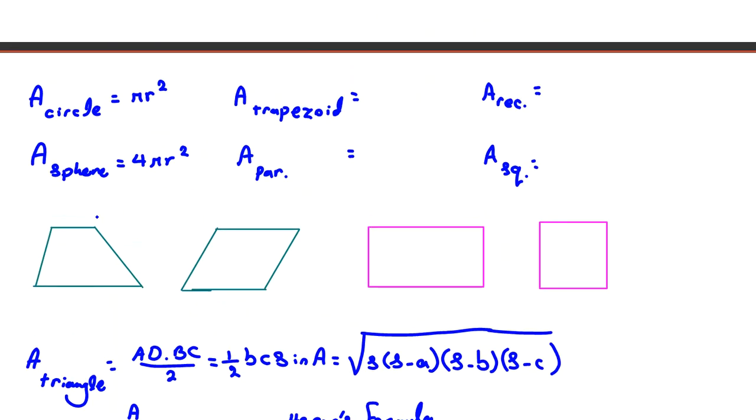So for this part, you say it is x, it is y. You can draw an altitude. Also here you can draw an altitude. Suppose here the altitude is h. Here also we can call this one h, this one x. For this part, the trapezoid is h times x plus y over 2. For a parallelogram, it is h times x, because you can divide it into two triangles, each of them h times x over 2. Area of a rectangle is a times b. Area of a square is a squared.